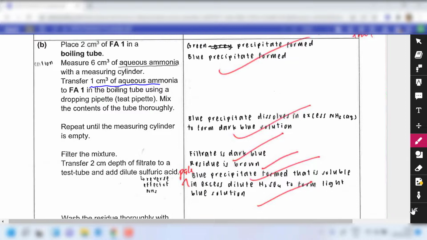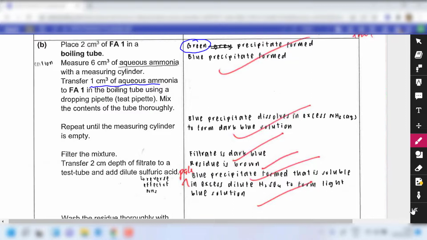For example, your classmate wrote green. Not the best answer, but I think we can accept it because it is a mixture of brown and blue, and sometimes you can't see it very carefully. The best answer would actually be brown and blue precipitate, but we can accept green.